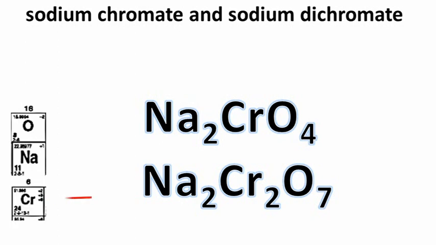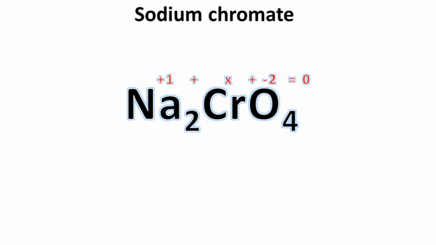In this case, chromium may have one of 3 different oxidation numbers: +2, +3, and +6. First, write the known oxidation states, where sodium will be plus 1 and oxygen will be minus 2.